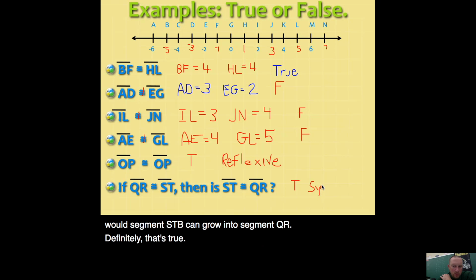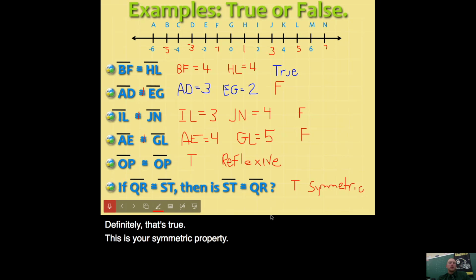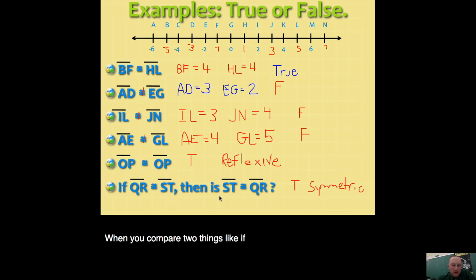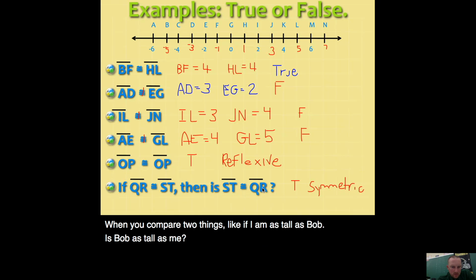This is your symmetric property. When you compare two things, like if I am as tall as Bob, is Bob as tall as me? That's the symmetric property.